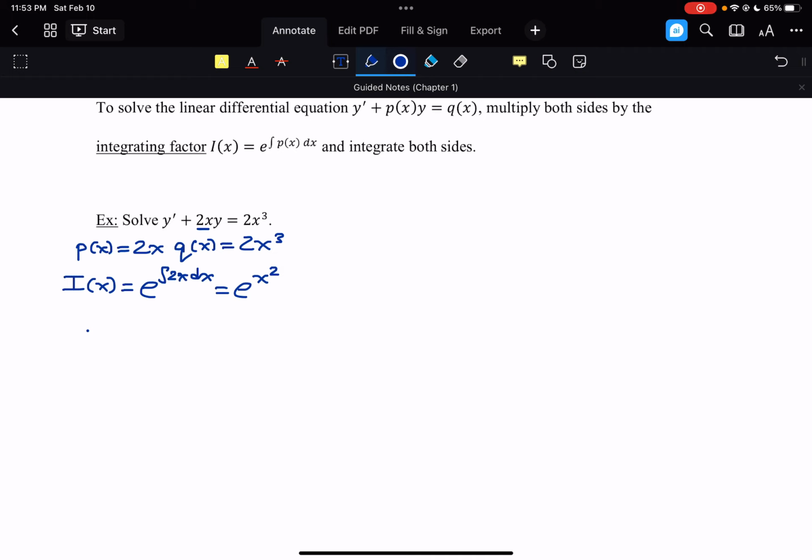So we get I times y prime, so that's e to the x squared times y prime, equals I times q, so e to the x squared times, excuse me, 2x cubed.